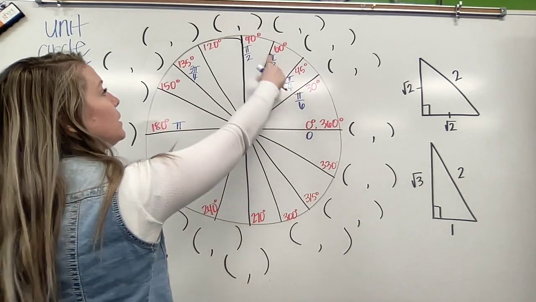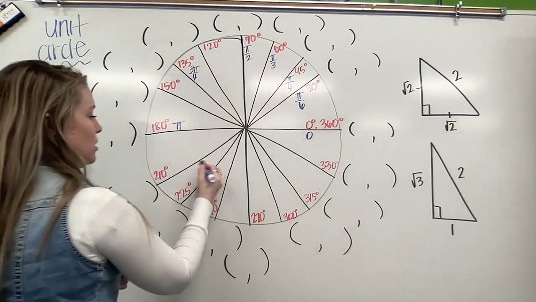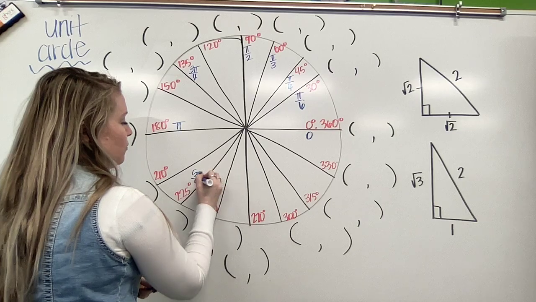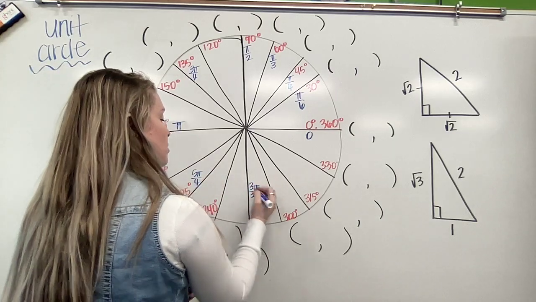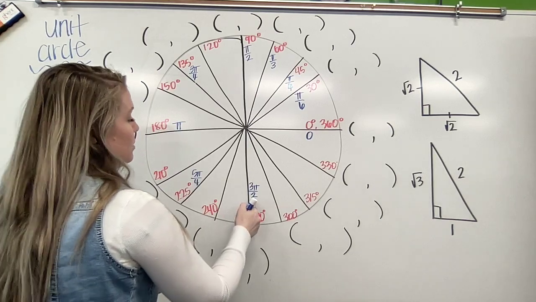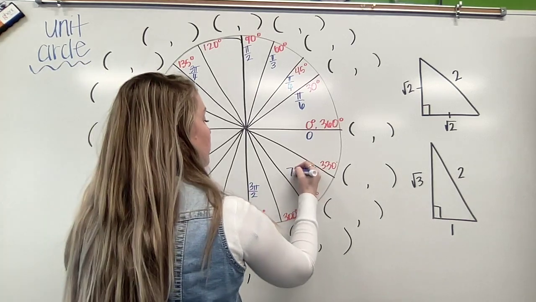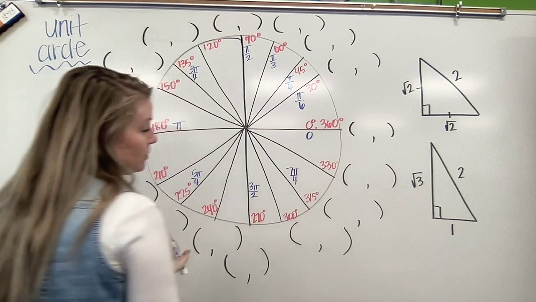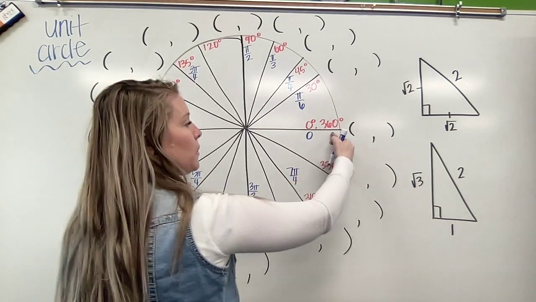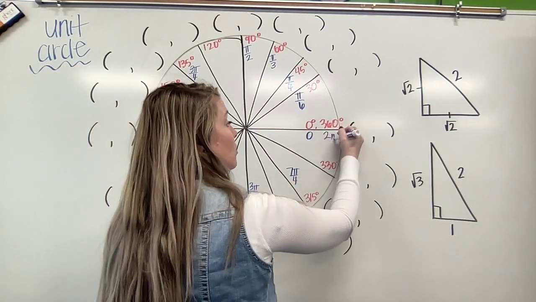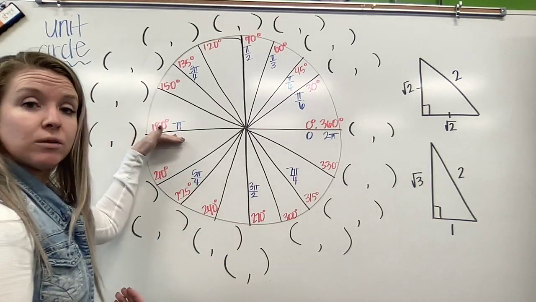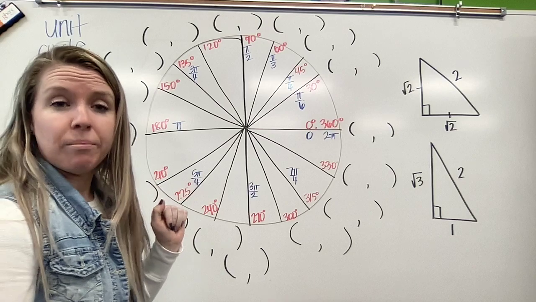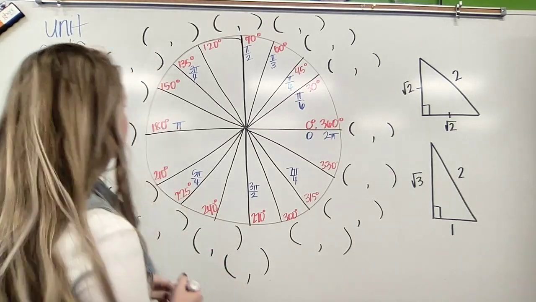Then 5 pi over 4, 6 pi over 4, which reduces to 3 pi over 2, and then 7 pi over 4 at 315. One more, 8 pi over 4, which just reduces to 2 pi. And we already know that 180 degrees equals pi, and 2 pi equals 360.